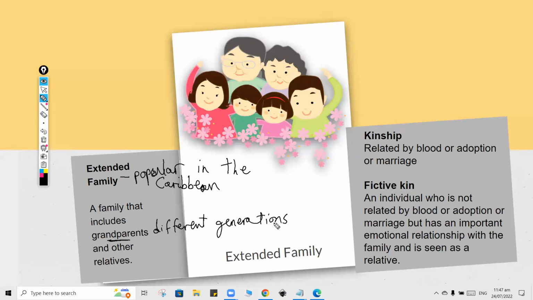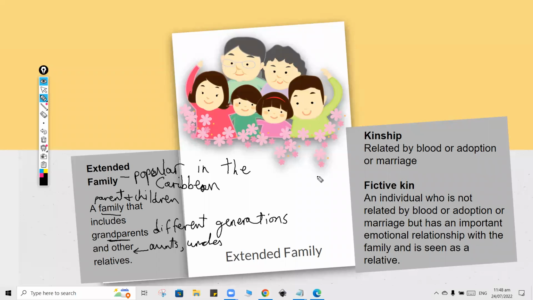So it must have the parents and the children, and then the grandparents. And other relatives, it could have maybe aunts, uncles, but it must have the grandparents, that different generation, for it to be extended. If it's just aunts and uncles, then it's something else. So you must have grandparents for it to be extended, right?